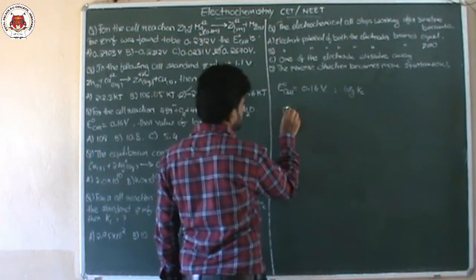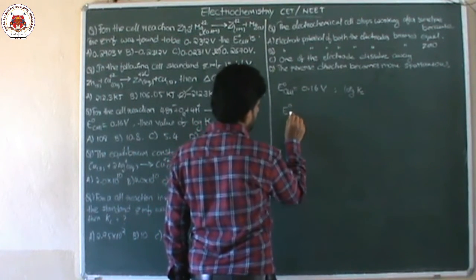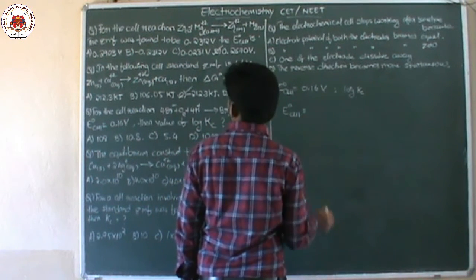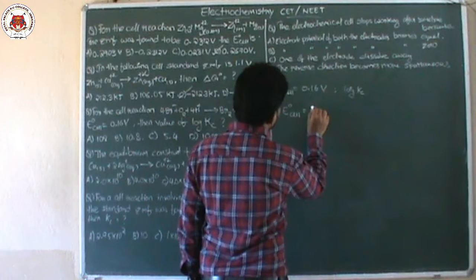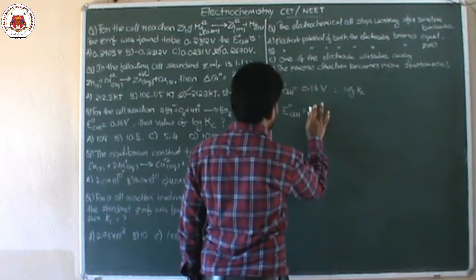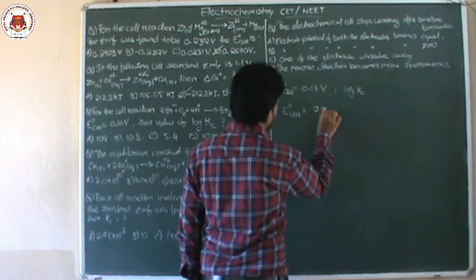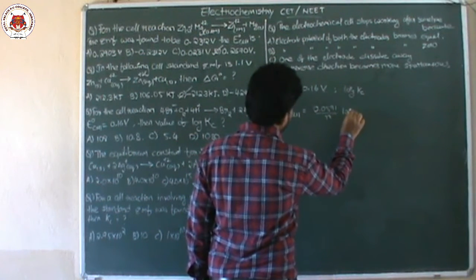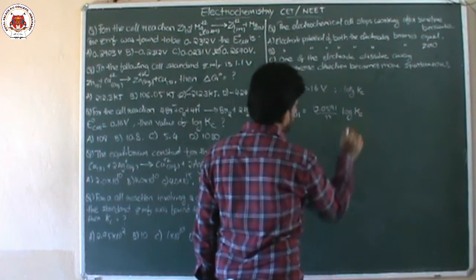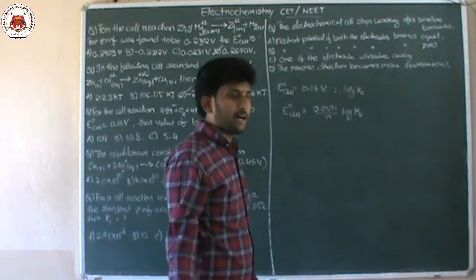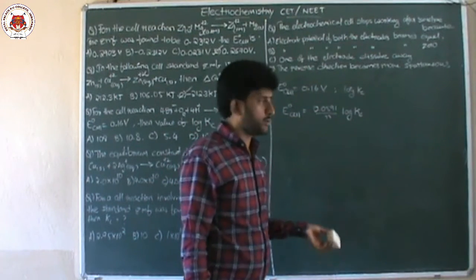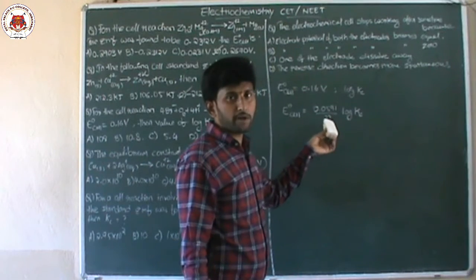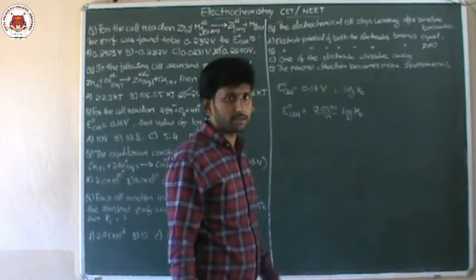E naught cell is equal to 2.303 RT by nF log Kc, or I can write directly 0.0591 by n log Kc. If you substitute the total values, however, it is going to be 0.0591 by n log Kc.